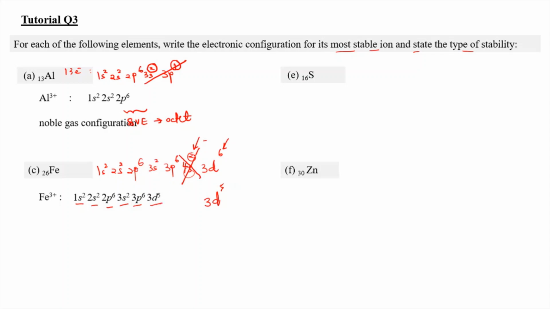So since we are removing 2 electrons from here and then 1 electron from here, it means that we're going to carry a charge of positive 3. And this is a stability of the half-filled orbital. Alright, so we're going to put it as a half-filled orbital configuration.